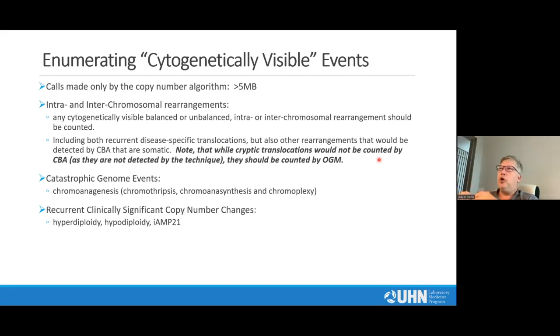So we're trying to as accurately as possible enumerate the cytogenetic abnormalities that are seen, whether they're actually visible by G banding or not. We know there's a lot of cryptic translocations that we're not seeing by G banding, that we routinely FISH for. The T1221 in B-ALL, for example, would be a good example.